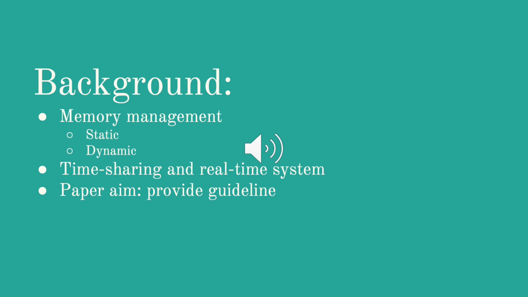In other words, people don't use dynamic memory management because the running time will be very bad. According to the definition of real-time system, it can't be accepted. So the author did these experiments to give a guideline to solve the dilemma.